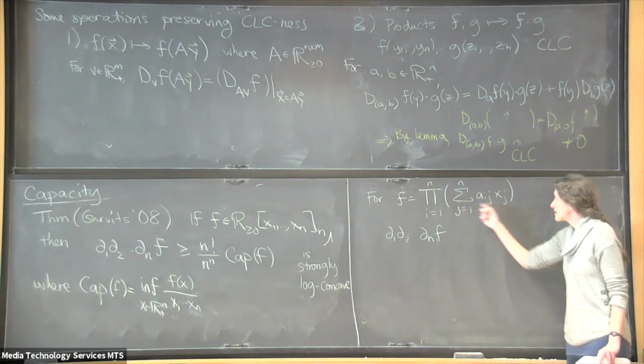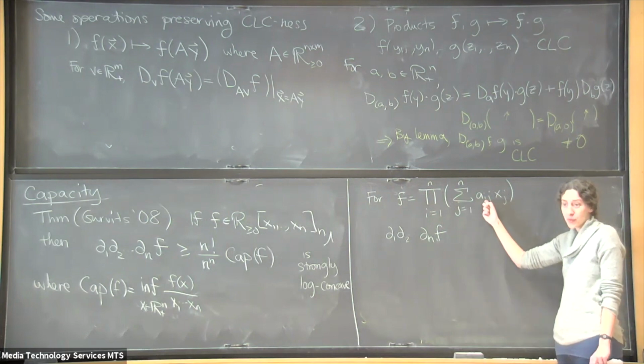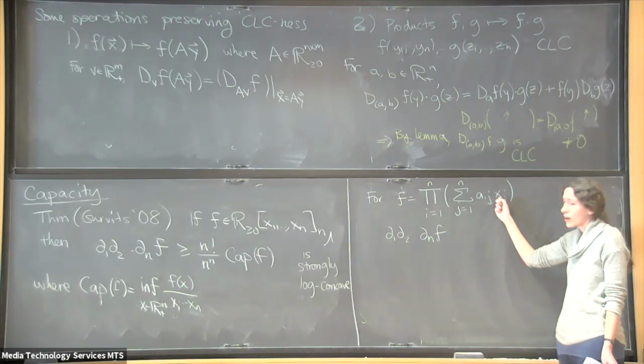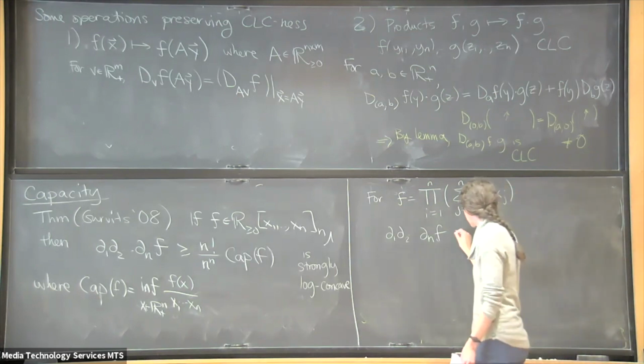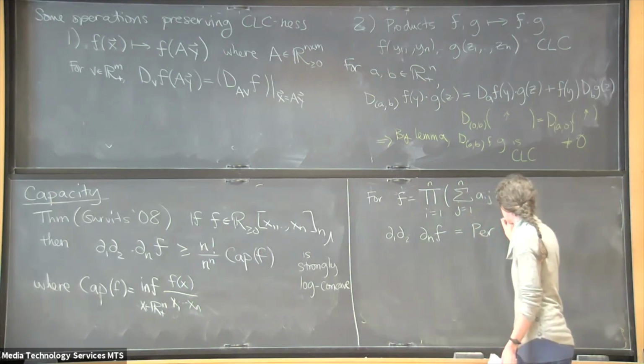Well, I take this product and I want to get exactly one of each variable. Think about all the different ways that I can do this, because I need to take exactly one x from each of these. You can see that this is actually the permanent of the corresponding square matrix.